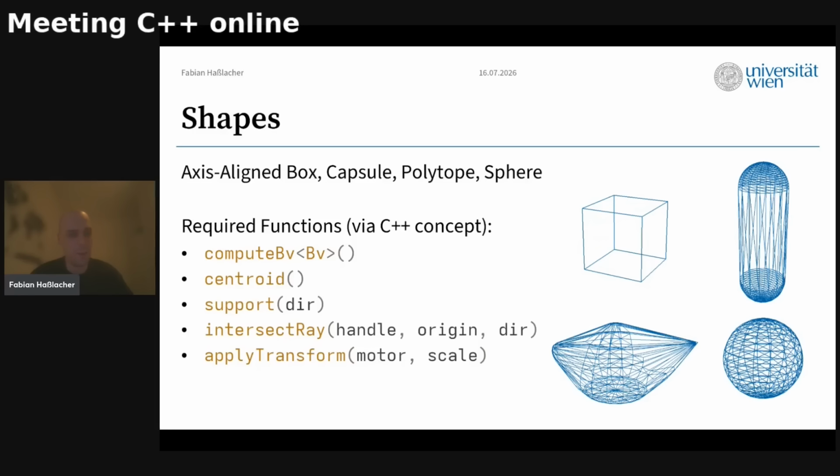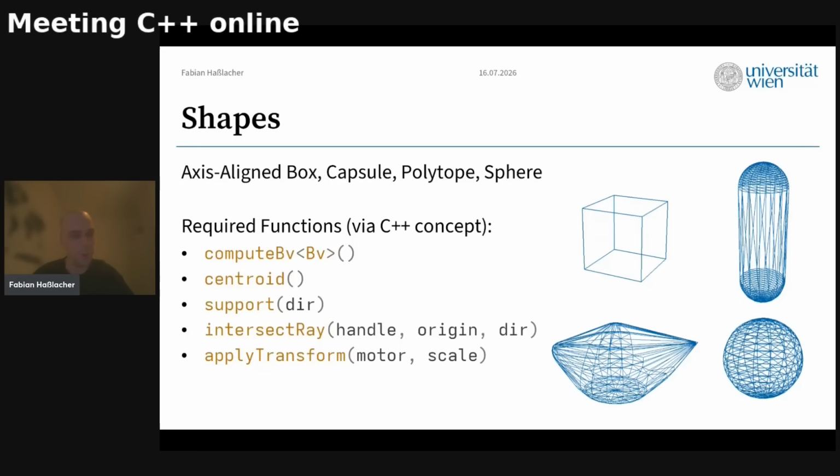So my library currently offers 4 shapes: an axis-aligned box, which offers no rotation, a capsule, a polytope, which can be any set of points and faces, and a sphere. And the way I implemented this is through a C++ concept. So the required functions that those need to implement are listed here.